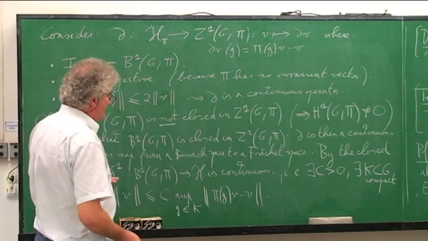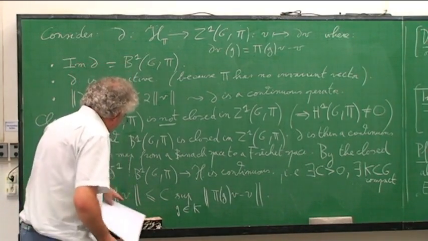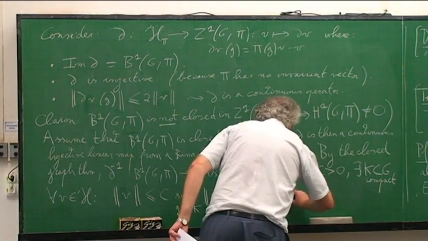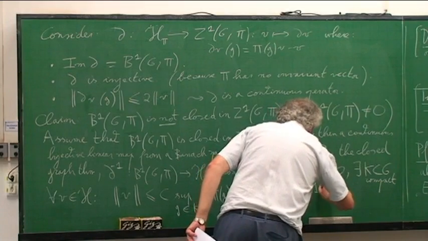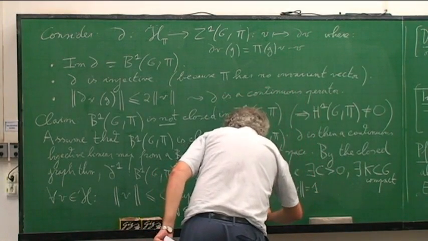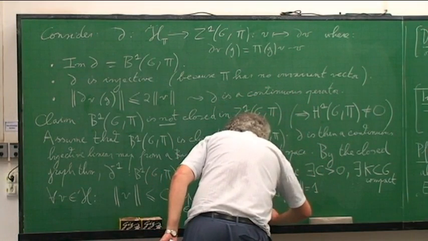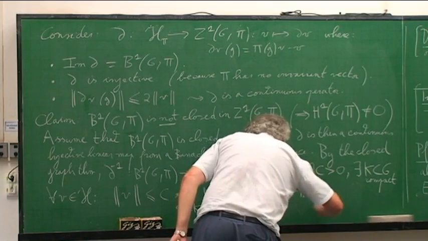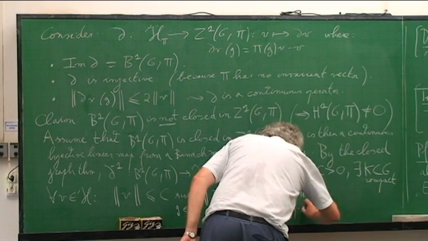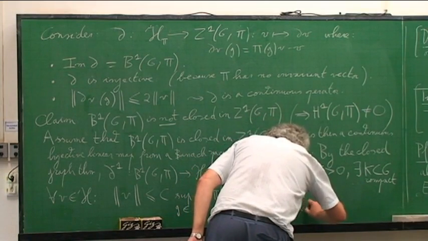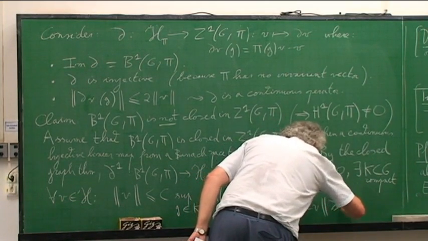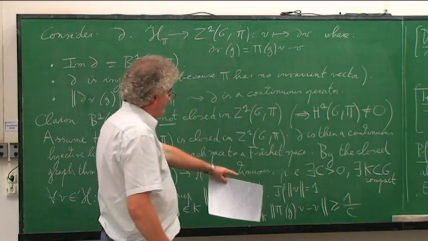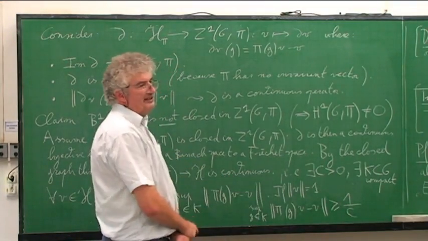Now assume that v is a unit vector, so the norm of v is 1. Then we get that the supremum over g in K of the norm of π(g)v minus v is at least 1 over C. And this says that π does not have almost invariant vectors.